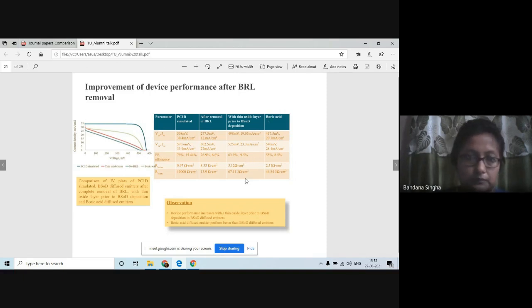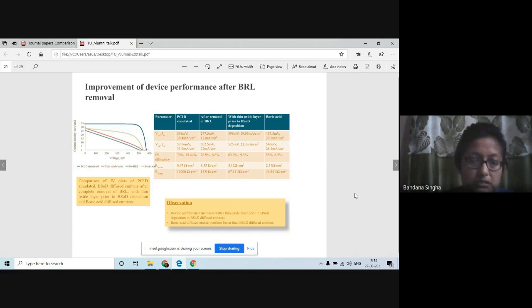That's why we can say that this kind of oxide layer is helping, or preventing, the emitter from getting shorted during emitter formation.